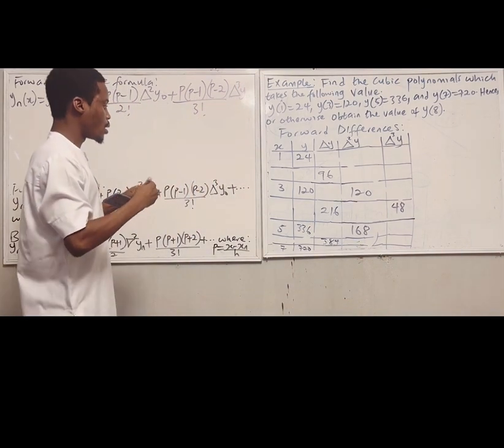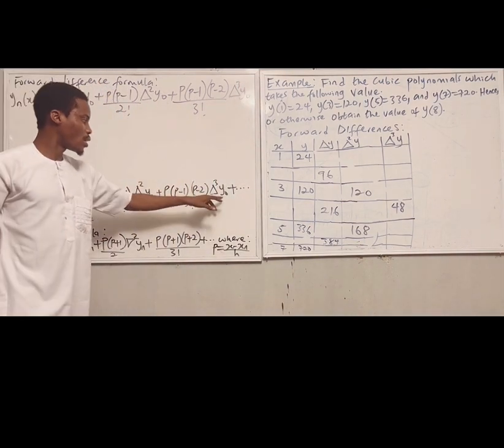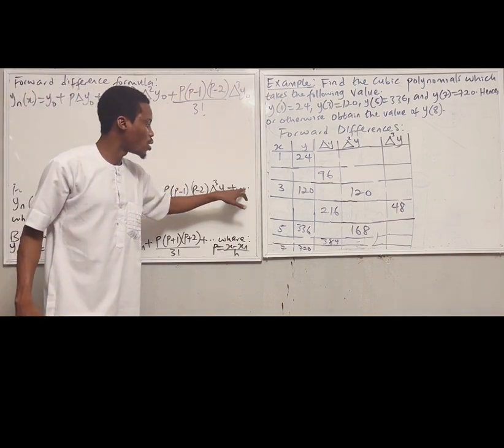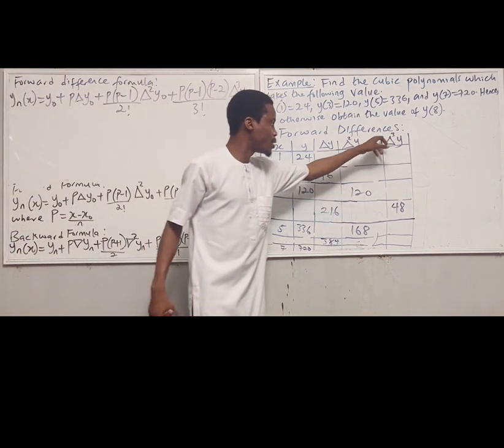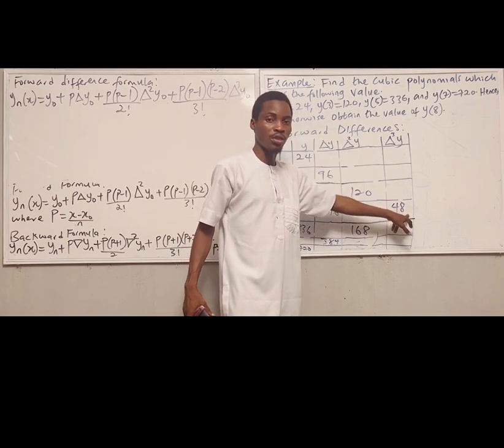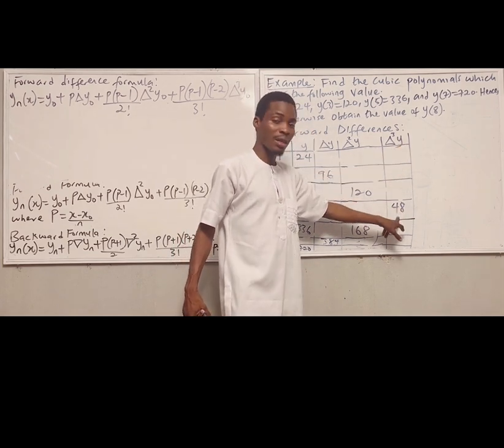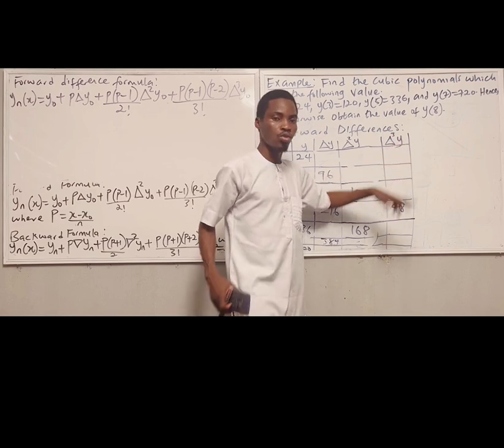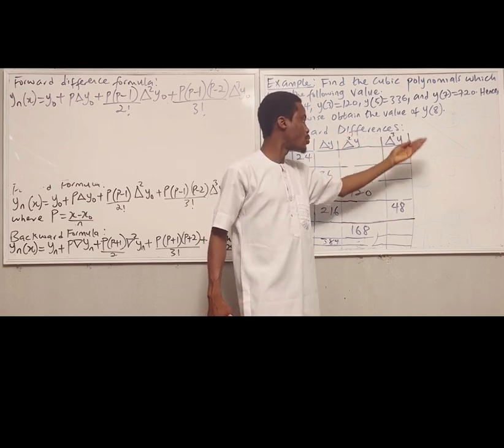The reason is that you have plus, minus, minus, plus. You must have a last number, which here ended with 48, the d3 y naught.